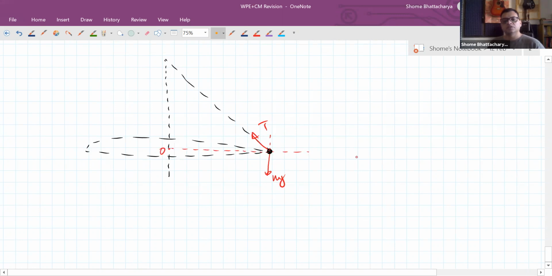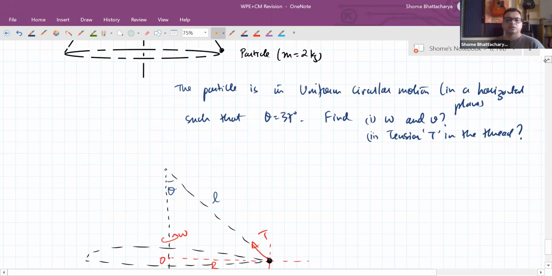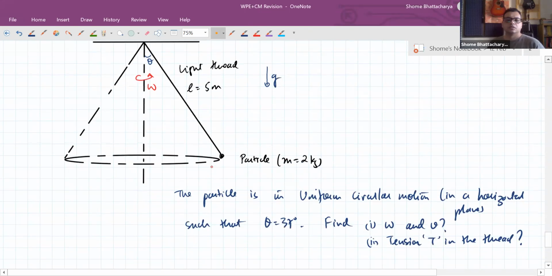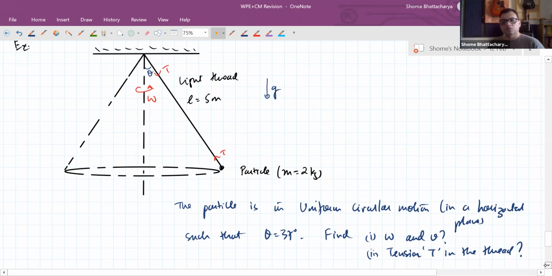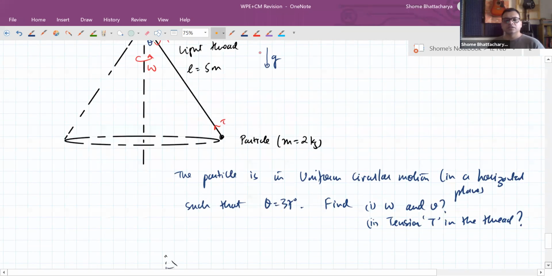This is the center of its circular path. It's going in a circle with angular speed omega about it. This is its radius. So this is the free body diagram. The thread will have a tension which acts like this. So two forces acting on the body in the inertial frame.